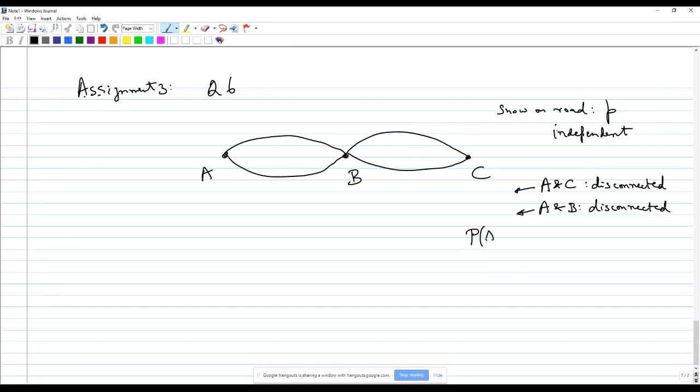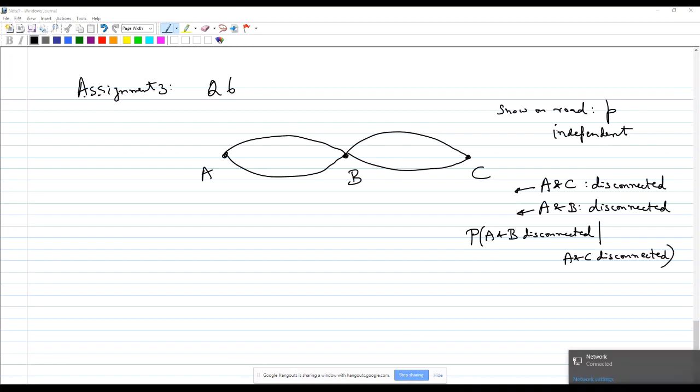So you have to find the probability of what is asked, which is the probability of A and B disconnected, given A and C disconnected. Okay, so this is the question that is asked. If you want to answer this question, you have to find 2 things.